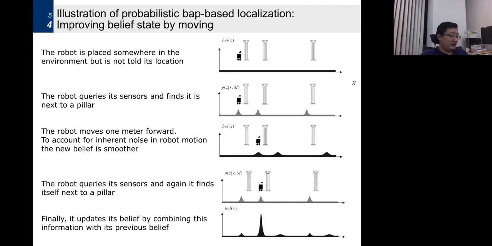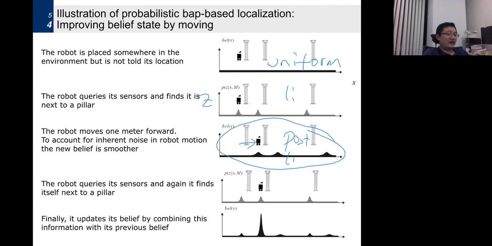So finally, this is belief. We combine the information and the previous belief. So quickly summarize. Initially, you don't know what happened, so this is a uniform. And you see a pillar Z. You say you have a pillar, and you have this likelihood, right? This likelihood is the same shape as a posterior. So you use the posterior as a prior, then you move 1 meter forward, and it's getting smoother. And this guy is a posterior.